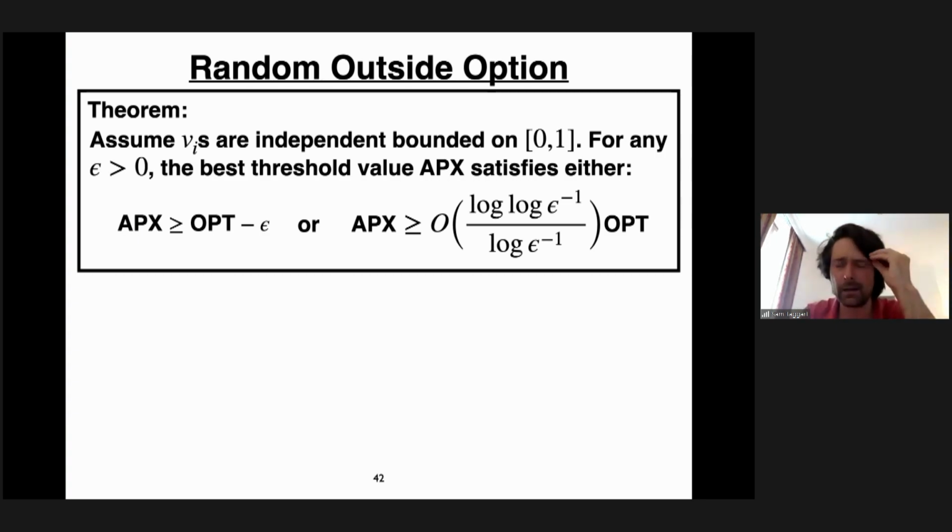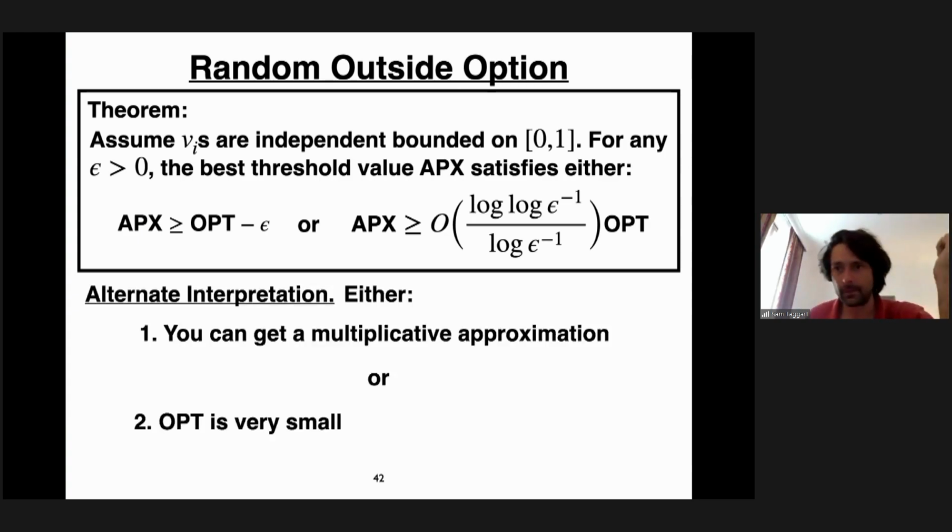Because then the right-hand bound is trivial in that case, right? If opt is less than epsilon, then APX bigger than opt minus epsilon doesn't tell you anything interesting. The way we get the additive approximation is when opt is less than epsilon, because we're bounding the values on 0, 1. But I don't really care about getting at least opt minus epsilon when opt is less than epsilon.